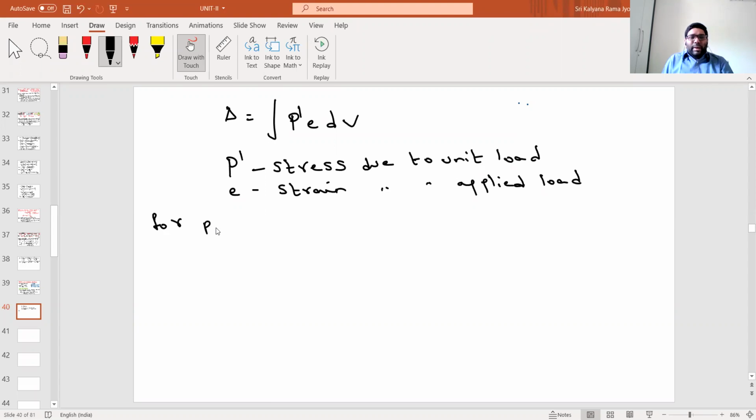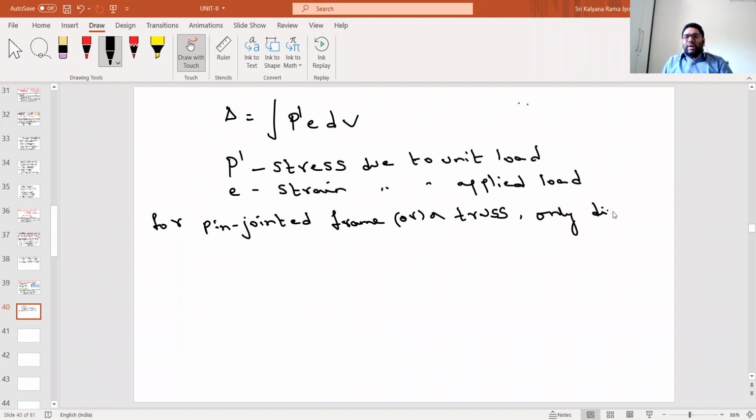For a pin jointed frame or truss, only direct stress will be present. That means it will be subjected to vertical load and horizontal load. Only direct stress will be present.